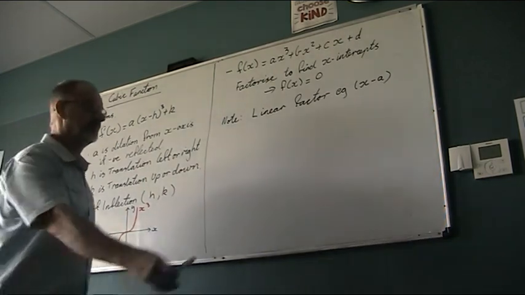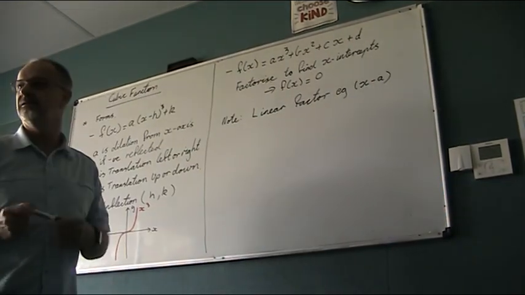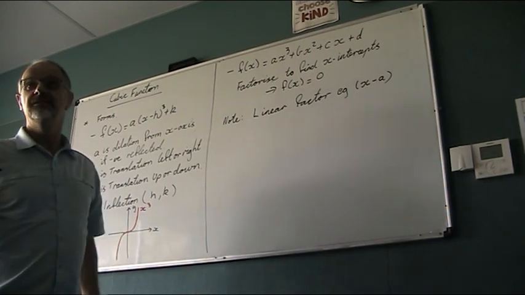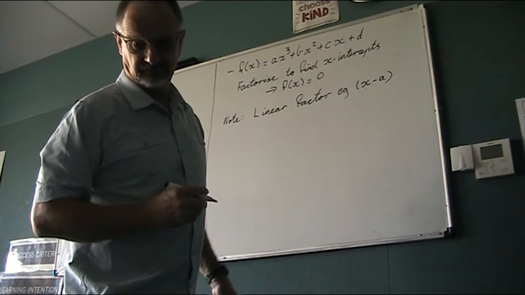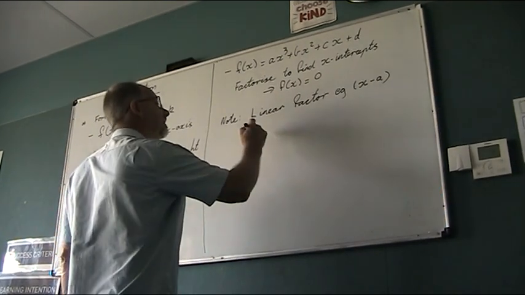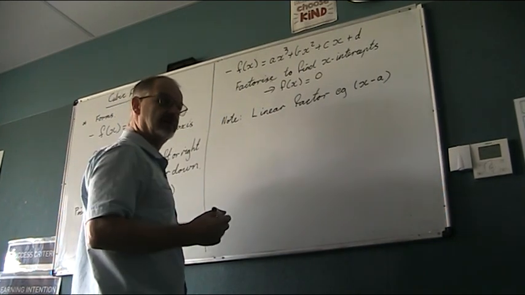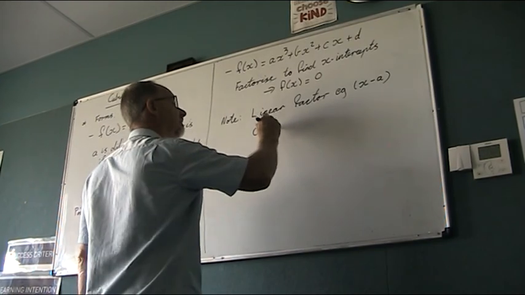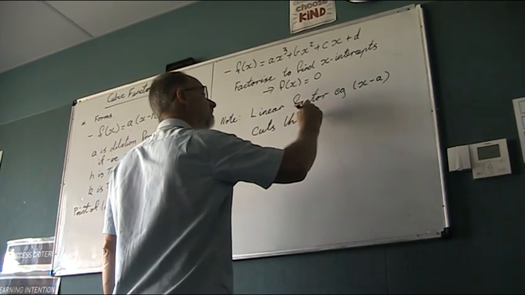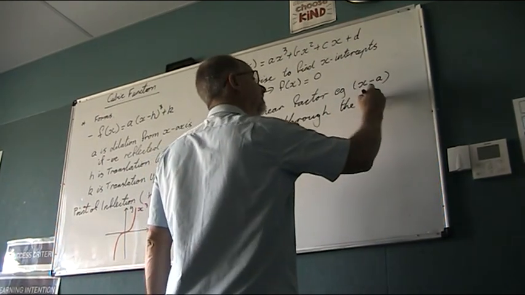Anyone think of what happens at the x-axis with the graph with the linear factor? No one? Does it cut through or does it turn around and go back? Cuts through. Yeah, so it cuts through the axis.